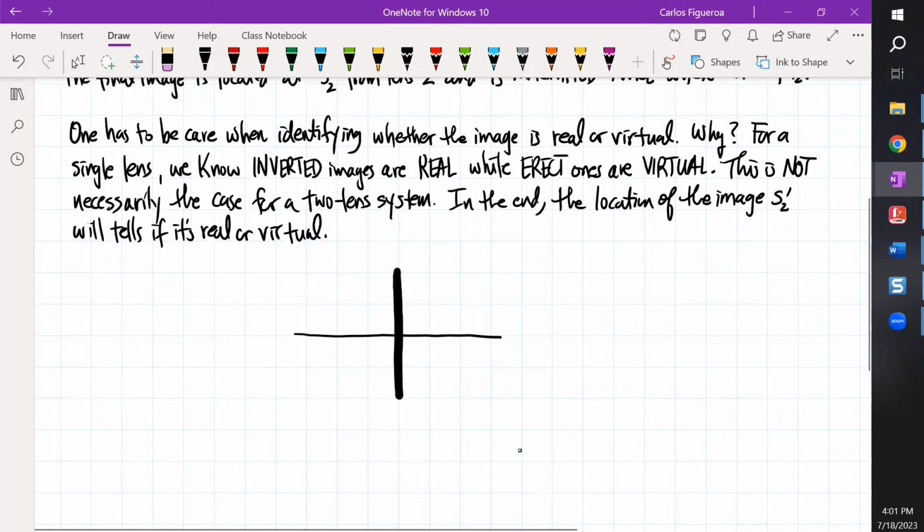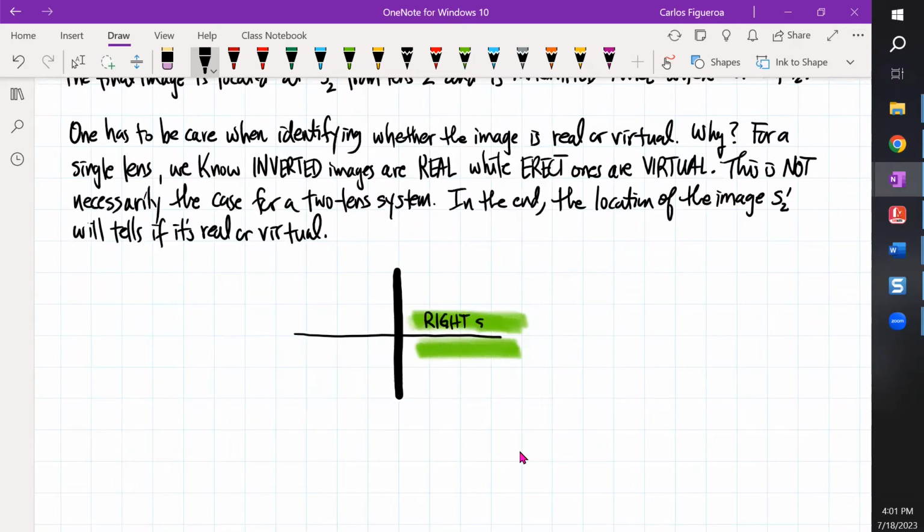Now, if the image lands on the right side, that implies that it's a real image. By the way, this is lens 2.